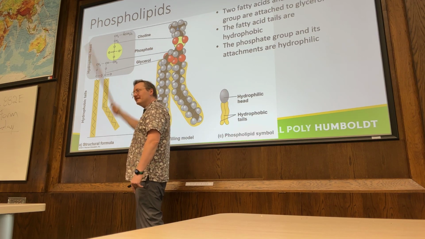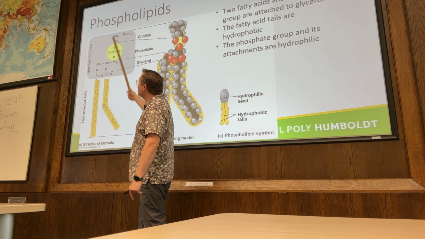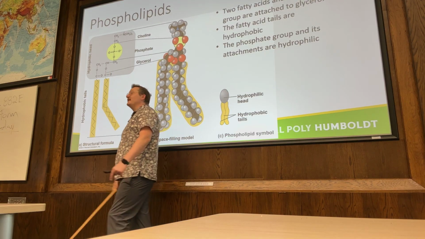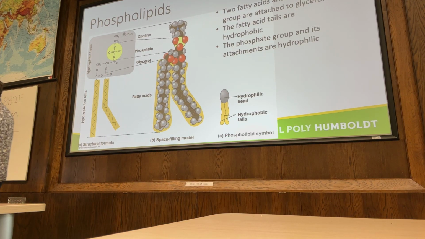And this little group up here, look at that. It's got charge to it. It's polar. It's highly polar. So a phospholipid is what we call an amphipathic molecule, meaning it has polar regions and nonpolar regions, meaning it has hydrophobic regions and hydrophilic regions.